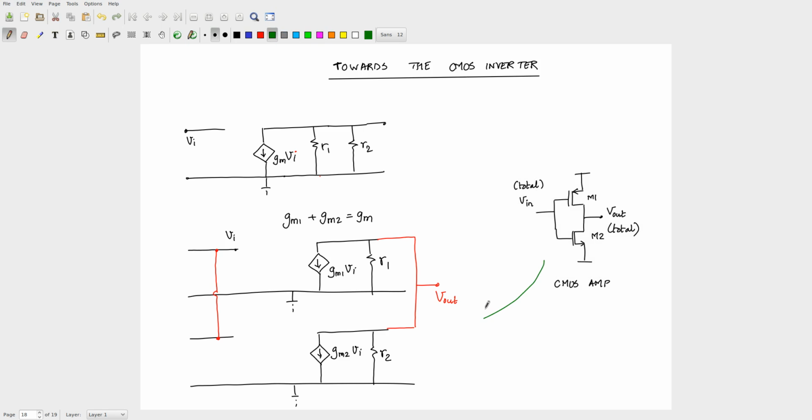So, this is the incremental circuit for the CMOS amplifier.